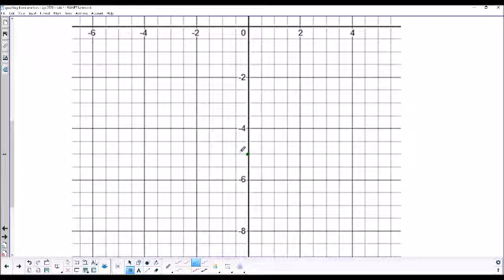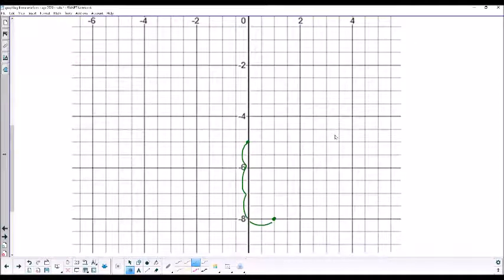So from negative 5, we're going to go down 1, 2, 3, and then we're going to run to the right 1 here. And there's the next point on the line, because we started with the y-intercept where the graph crosses the y-axis at 0 and -5.